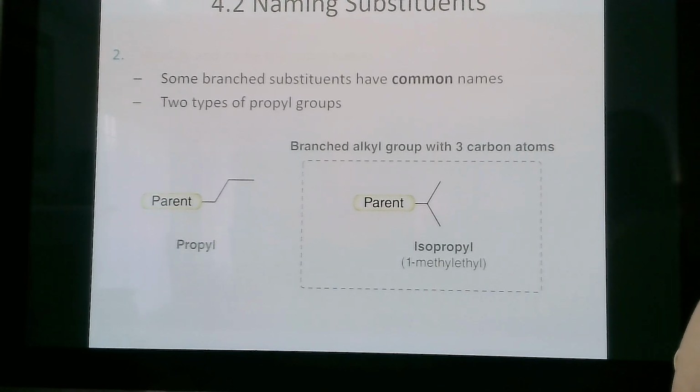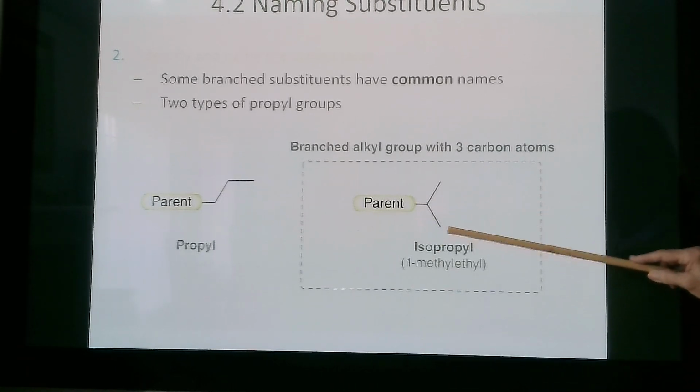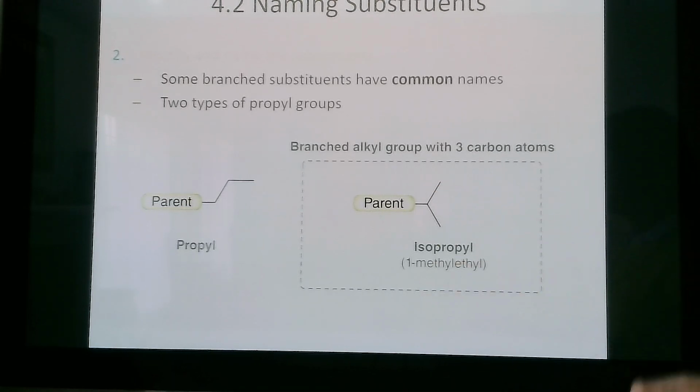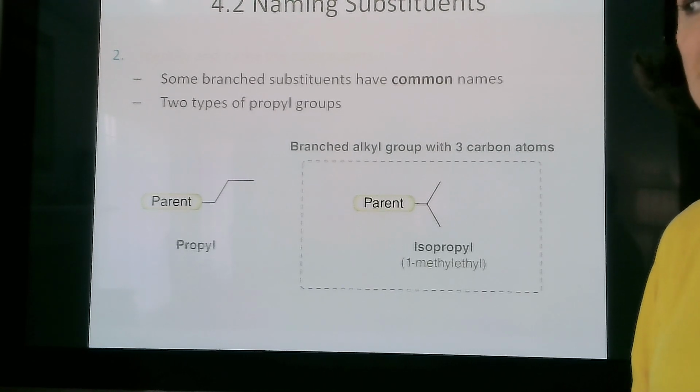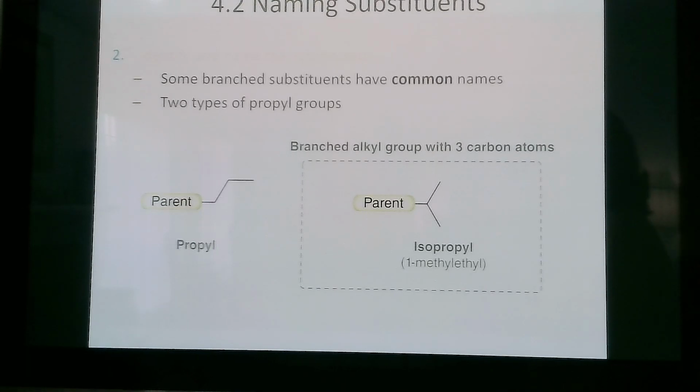And in very old chemistry journals, you will see iso even used in names for branched hexanes and pentanes and heptanes, and so you see isohexane, isopentane, isoheptane, and that just became so confusing that it has fallen into disfavor, and you don't see it so much unless you actually have to go back and read something in the older literature.